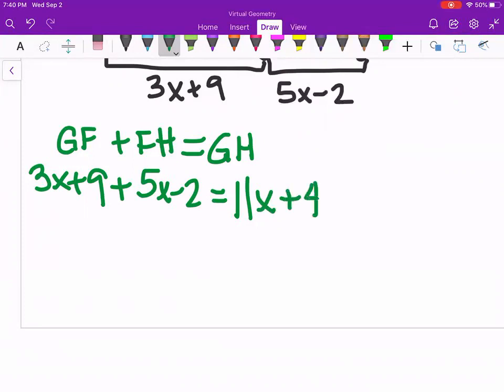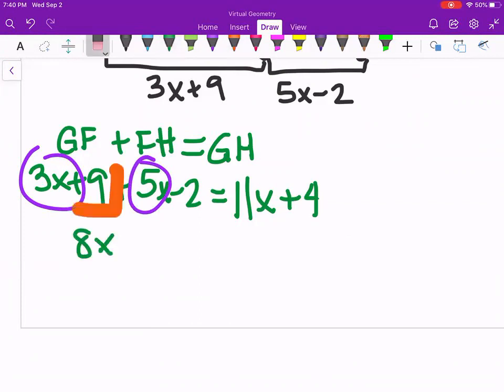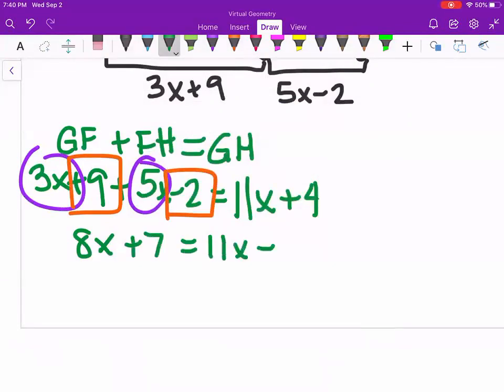All right, so now we've got some combining of like terms we can do. I can bring together my 3x and 5x to give me a total of 8x. I've also got a plus 9 and a minus 2 for a plus 7, which should equal 11x plus 4.